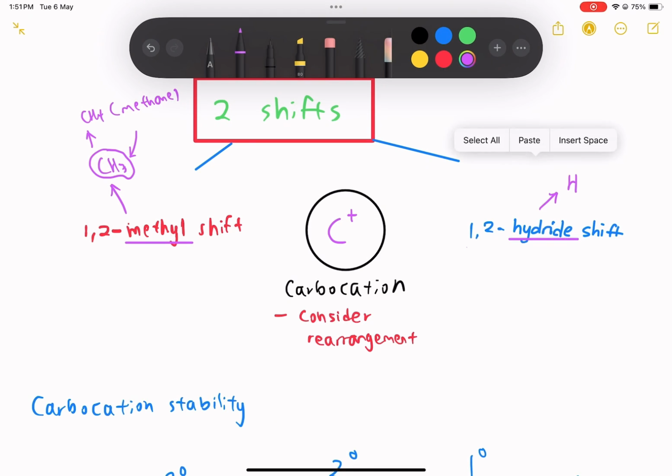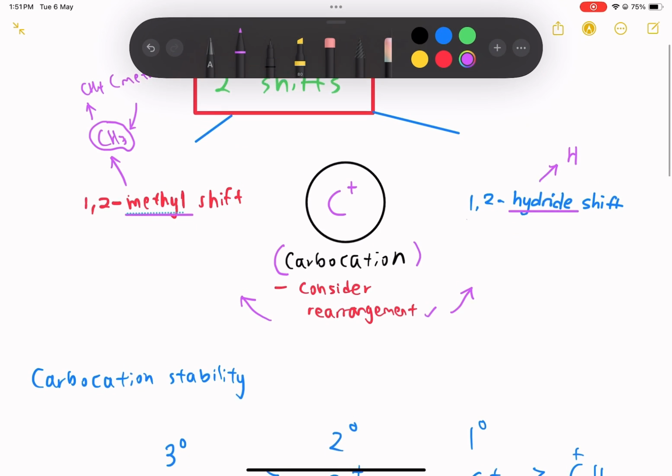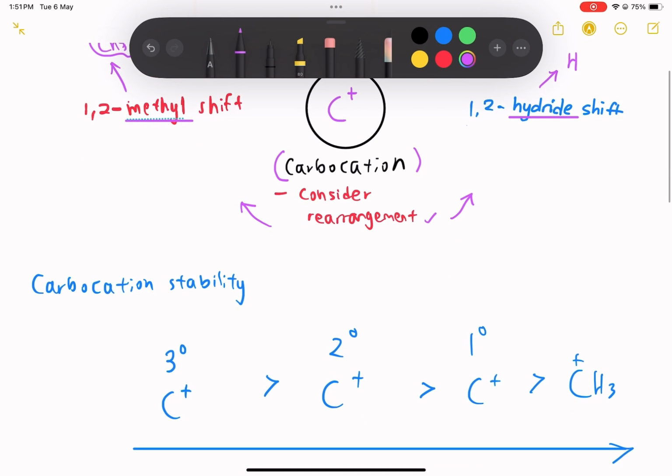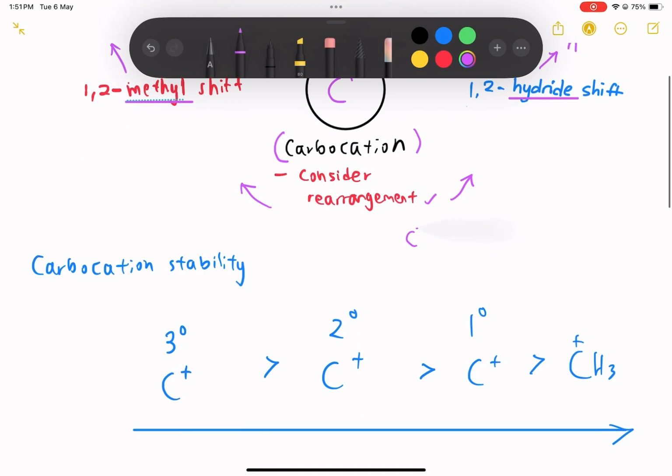In other words, when you have carbocation ion, you must consider rearrangement by either having 1,2 methyl shift or 1,2 hydride shift. The reason why we need these two shifts is because when we have a less stable carbocation ion, we want it to become a more stable carbocation ion.